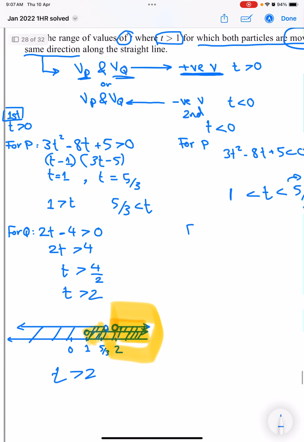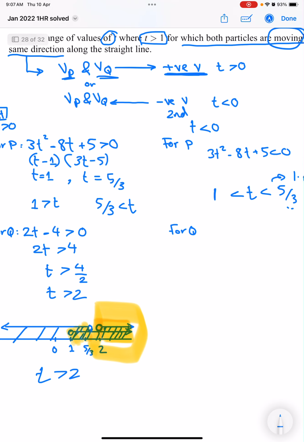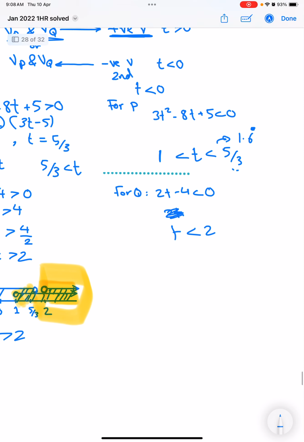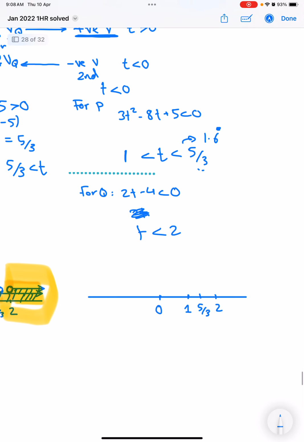And for Q, I'm going to write the same inequality, however, flip the inequality sign. So 2T minus 4 less than 0. So 2T, or T is less than 2. So again, find another inequality that satisfies all this.